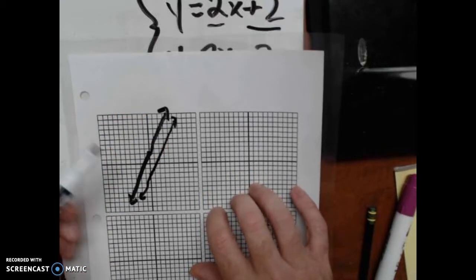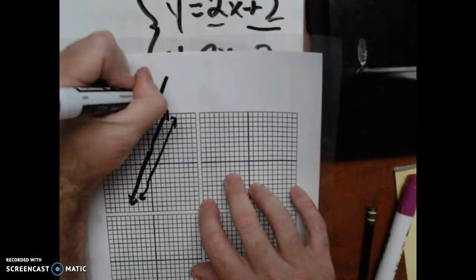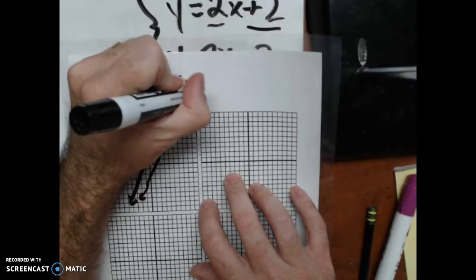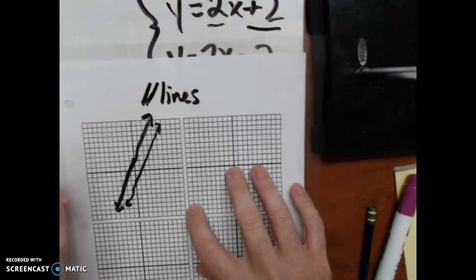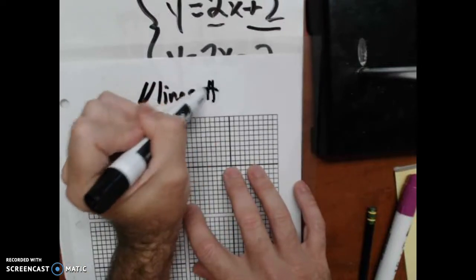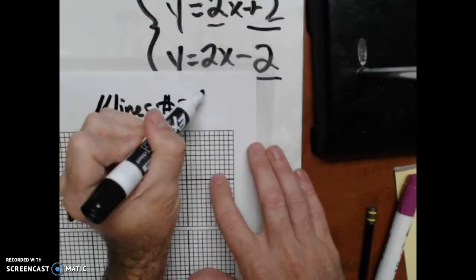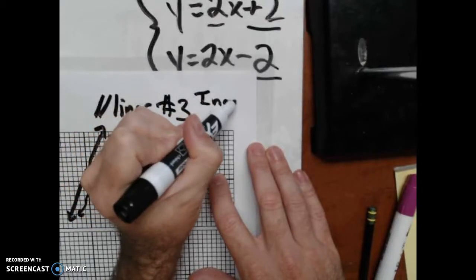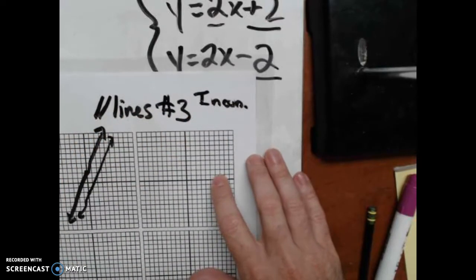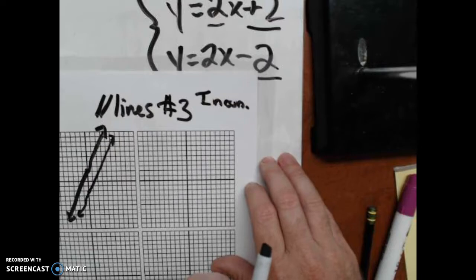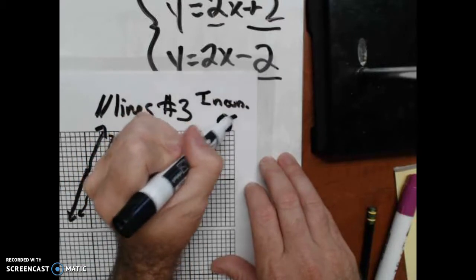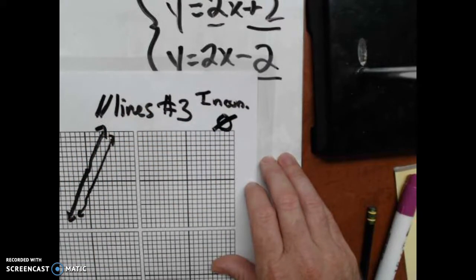Love that smell too. Parallel lines, parallel lines. And so this points us to case number 3. These lines are said to be inconsistent. Parallel lines will never intersect. There are no solutions. No solutions.